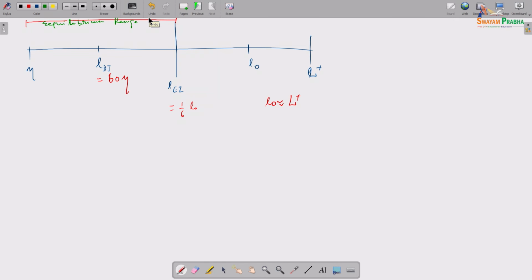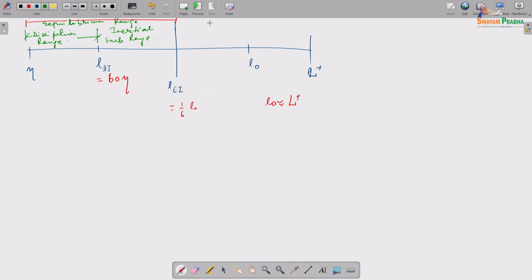Right, so this is the equilibrium range, the universal equilibrium range, and this is the dissipation range. And this is the inertial subrange.